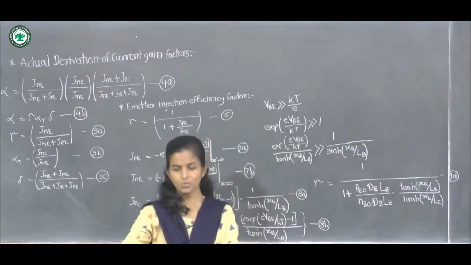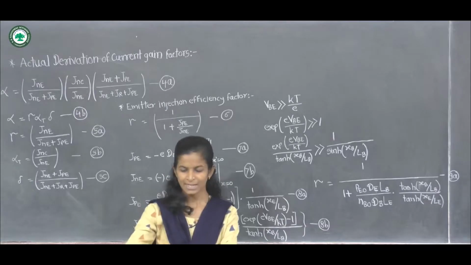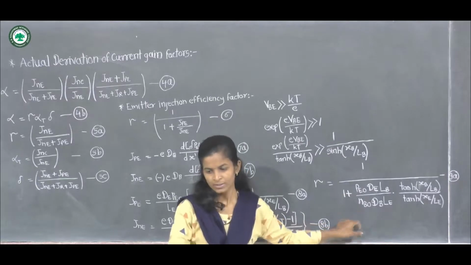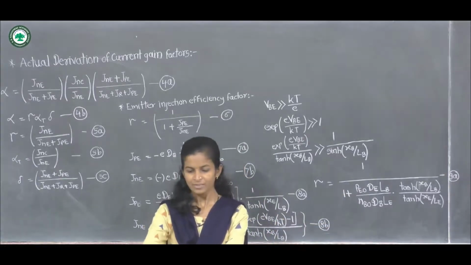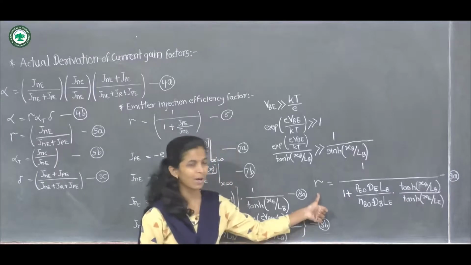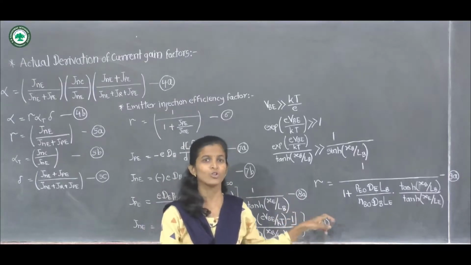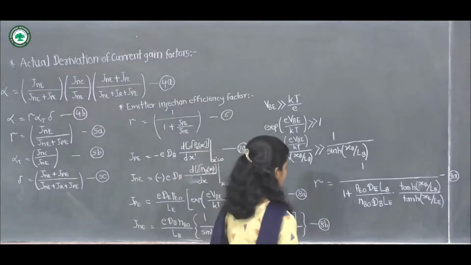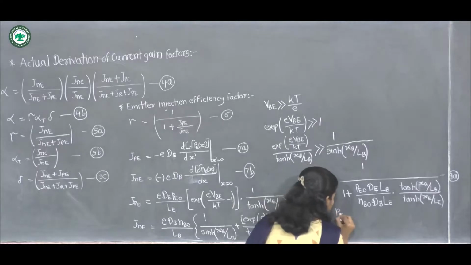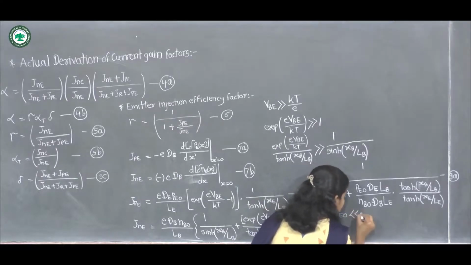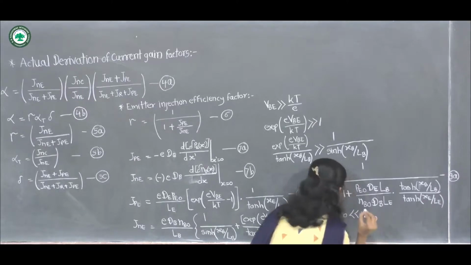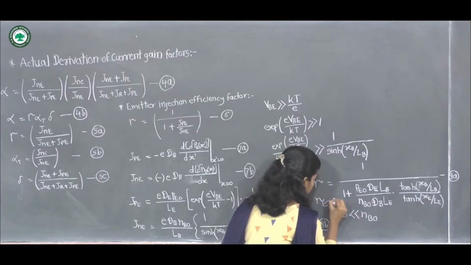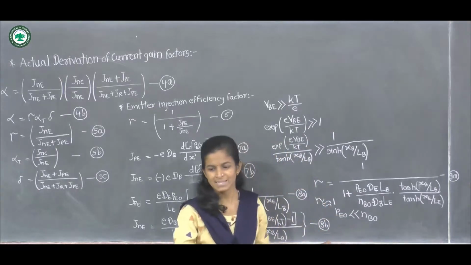If we assume all the parameters in equation 9a except PO and NBO are fixed, then in order to make gamma nearly equal to 1, PO must be less than NBO.